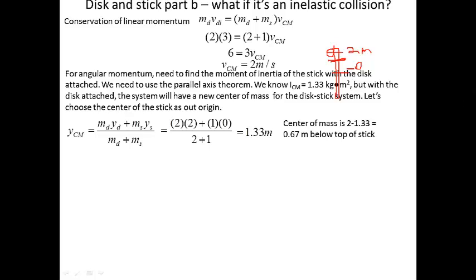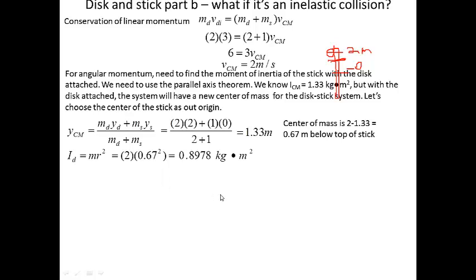So we need to find the moment of inertia of the disk and the new moment of inertia of the stick, and then add them together to find our final moment of inertia. So the moment of inertia of the disk is going to be equal to mr squared. So the mass is equal to 2, and it is 0.67 meters away from the axis of rotation.